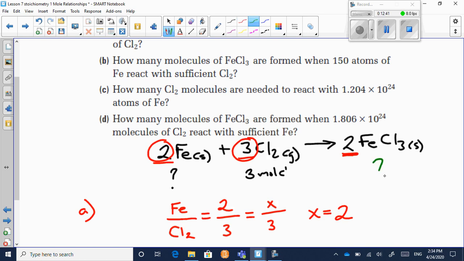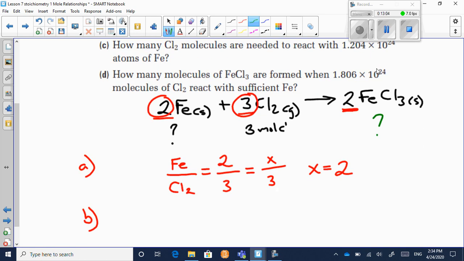For that, how many of those are formed when 150 atoms of Fe react with sufficient Cl2? Now, they put that in there just to say, don't worry about the Cl2. But here it is. The key is they've put the 150 with the Fe. So now we've been given 150 of the Fe.